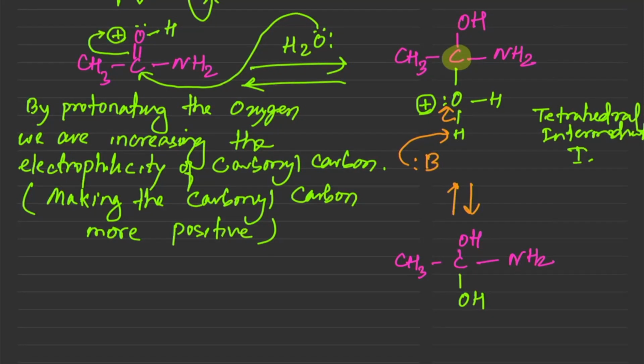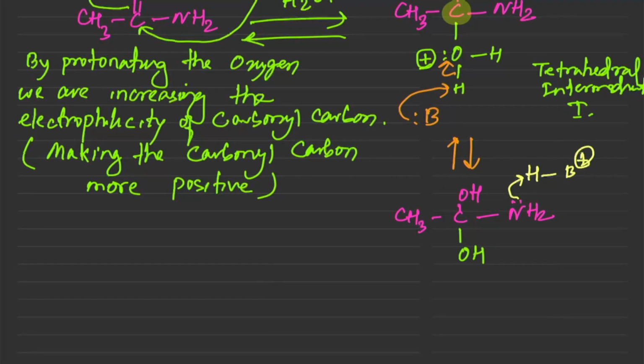Okay, so now at this point anything can get protonated, but the nitrogen here would be slightly more basic. And let's say we have a lone pair here. So we just had our HB plus. So let's say nitrogen abstracts this proton, because if any of these oxygens abstract a proton, then that's basically going backward.